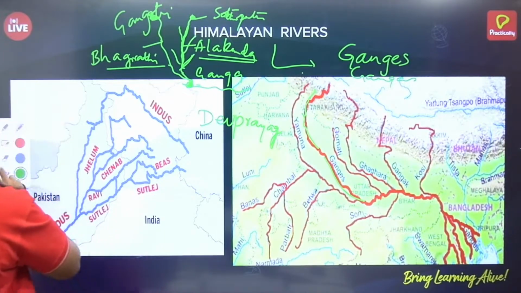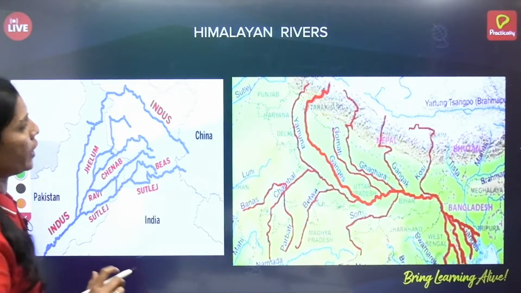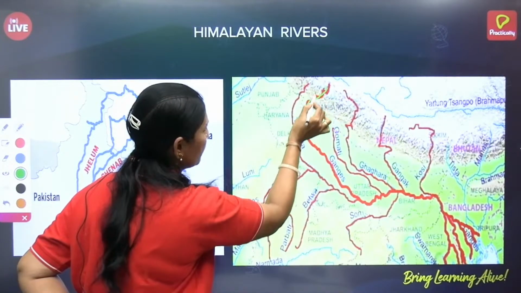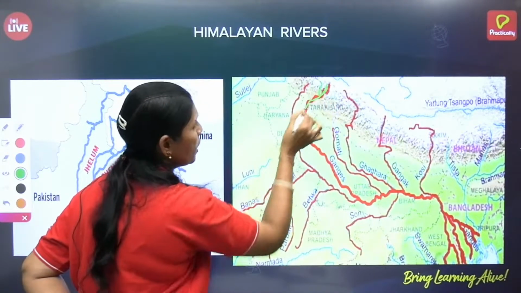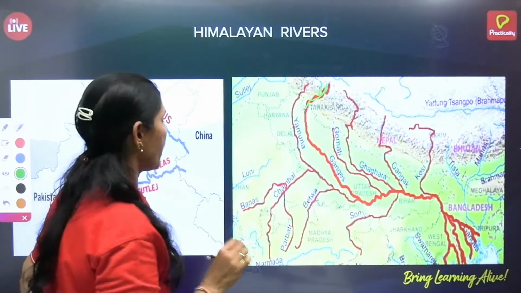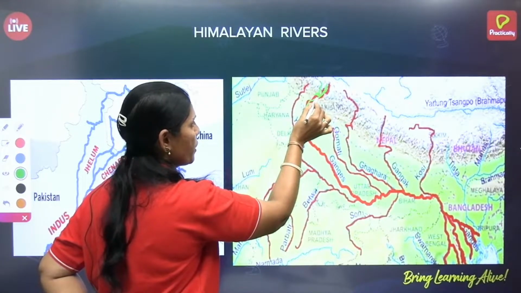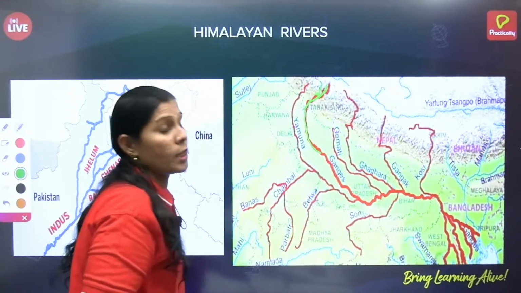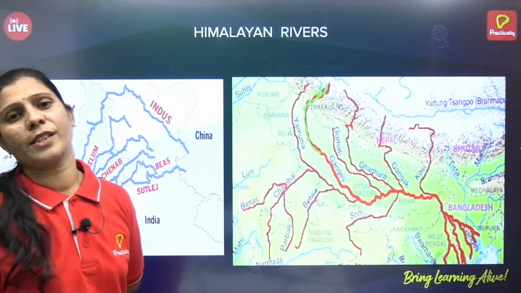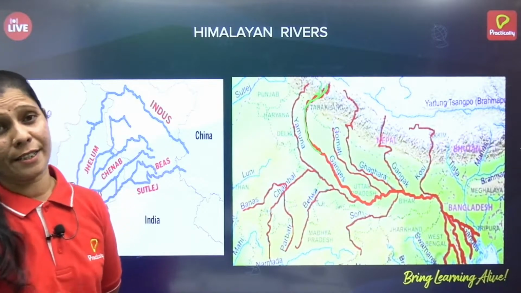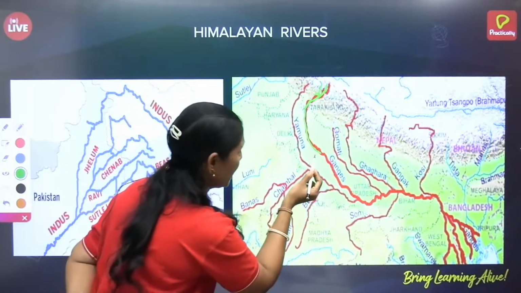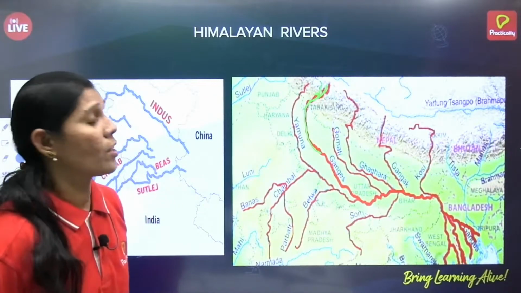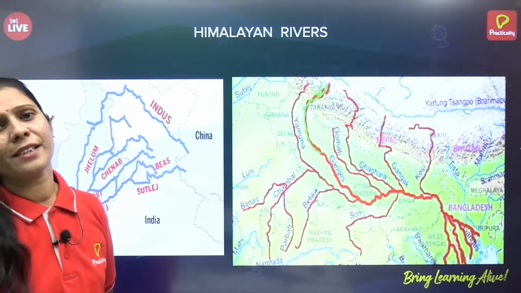Now let us look at the river Ganga. This is the river Ganga, originating from two glaciers, with two streams forming the river Ganga, and in Uttarakhand it flows down through the Himalayan regions and finally enters the northern plains.